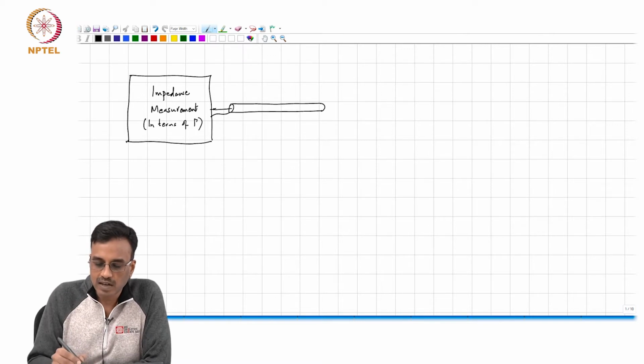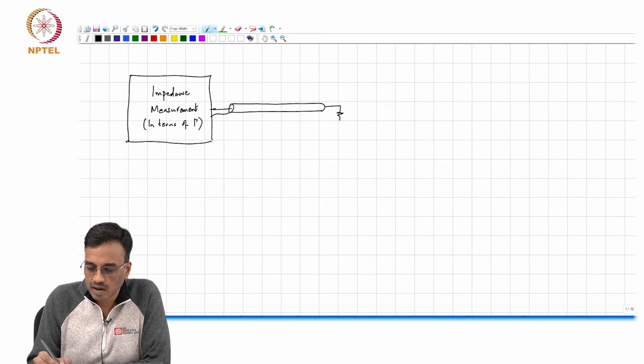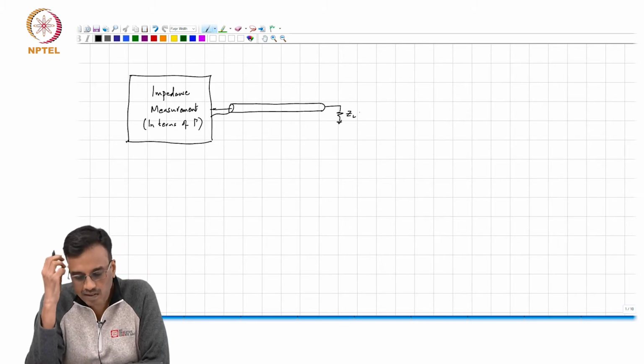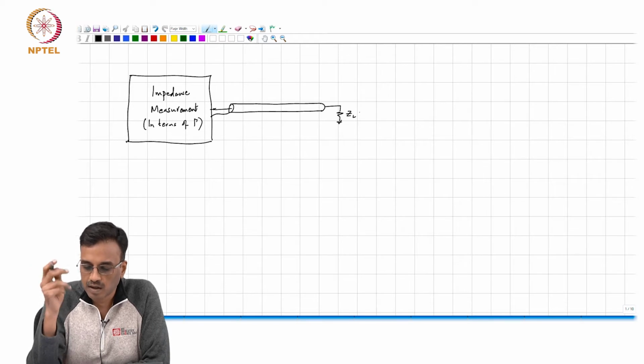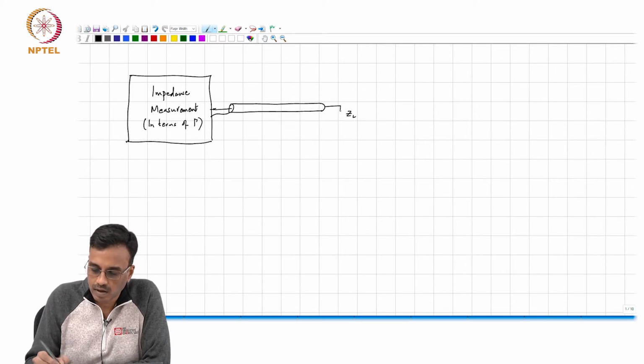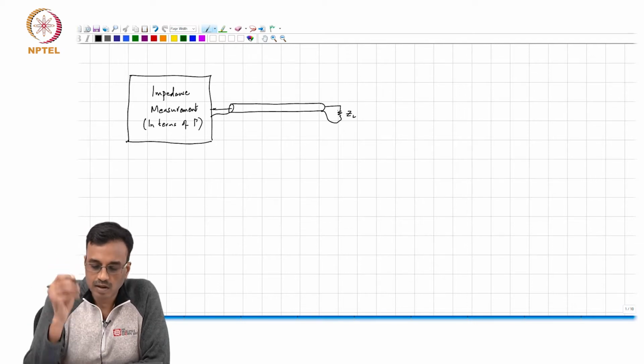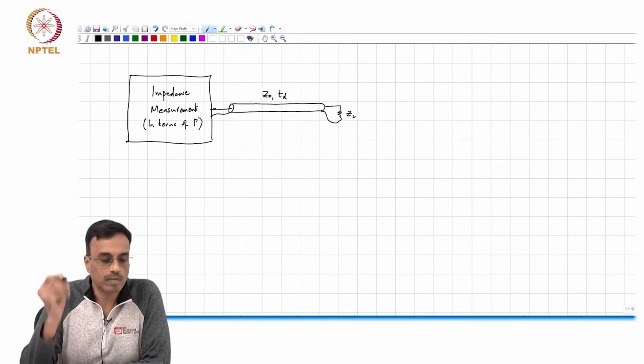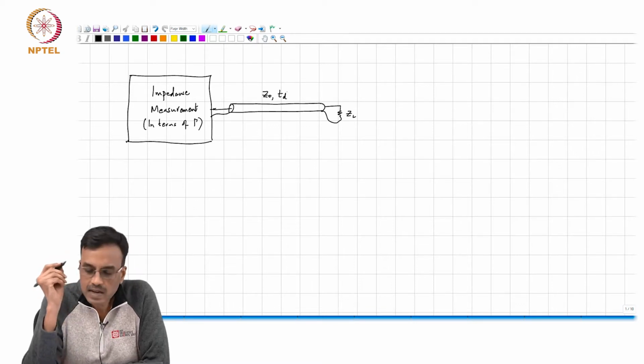And the transmission line, in our idealized analysis, we have basically assumed that our transmission line has some characteristic impedance Z naught and some delay Td.